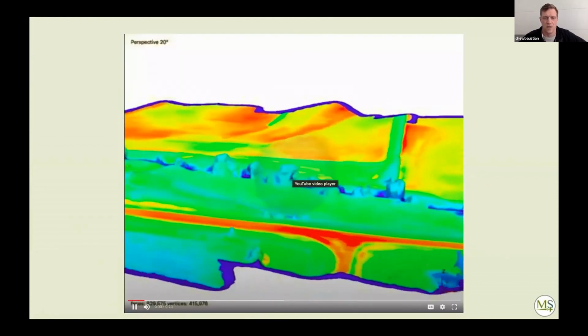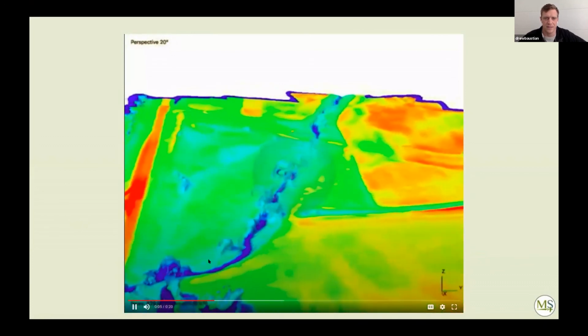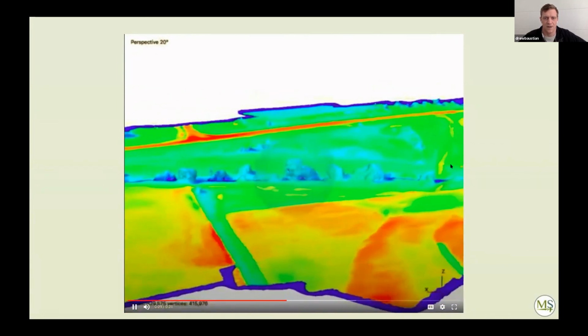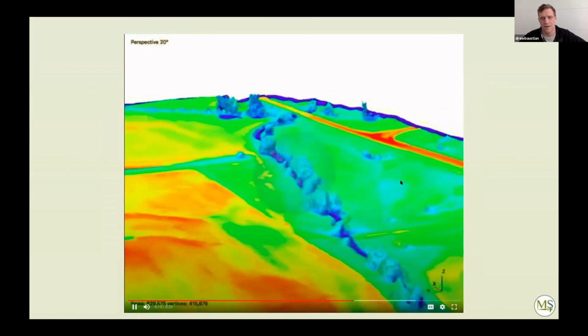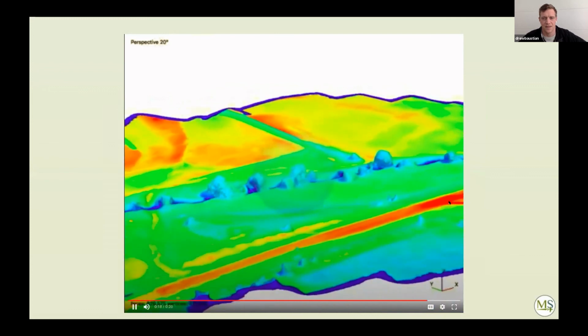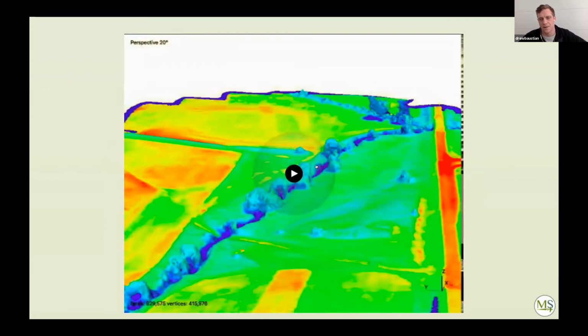It's just a way to visualize the area that you flew over. Of course, the creek is going to be the coldest spot because that's running water. The pasture is a little cooler, but it's not as warm as the bare soil. And then there's, of course, a road right here. That's going to be really hot because it's just cement. But just some interesting ways to visualize the data.